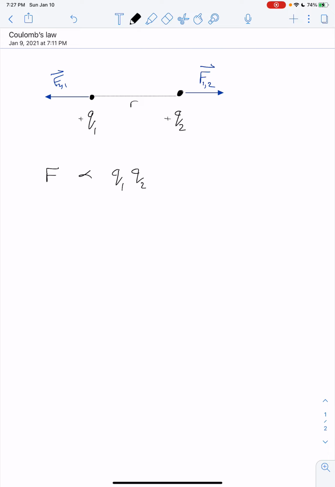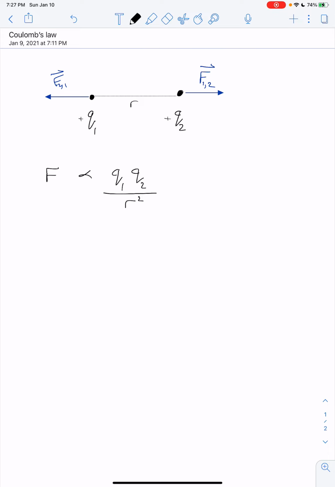So that makes sense. And then we can do an experiment where we measure the amount of force that these charges are exerting on one another. What we find is, as they get farther away, the force rapidly diminishes as 1 over r squared. So with more charge we get more force, and as we separate them we get less force.